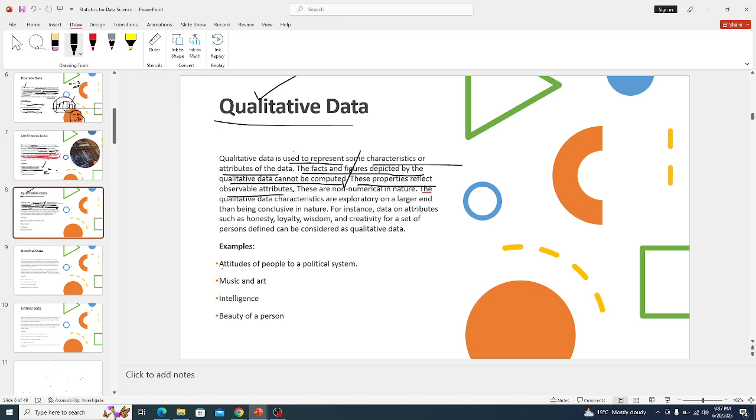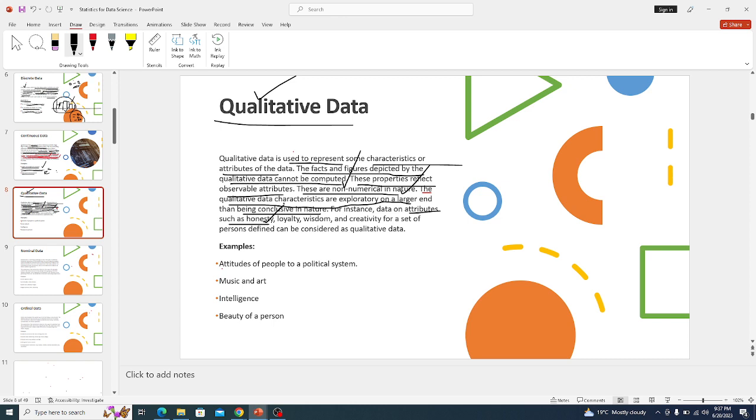So these properties reflect observable attributes. These are non-numerical in nature, you can see. So for qualitative data, they are non-numerical in what? In nature. The qualitative data characteristics are exploratory on a larger end than being conclusive in nature. For instance, we have data on attributes such as honesty.